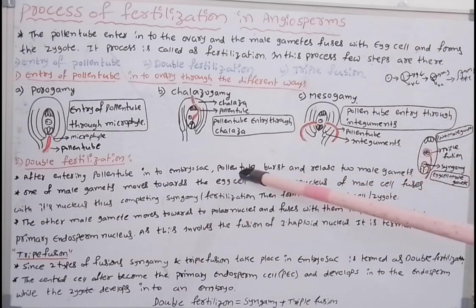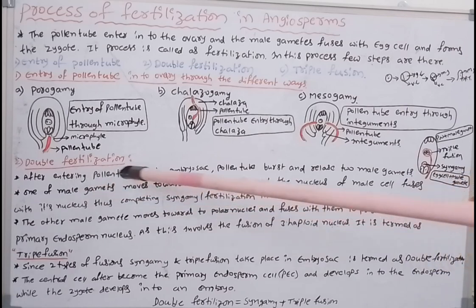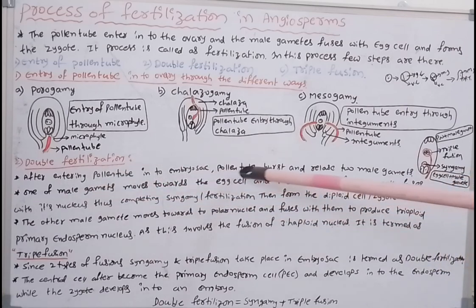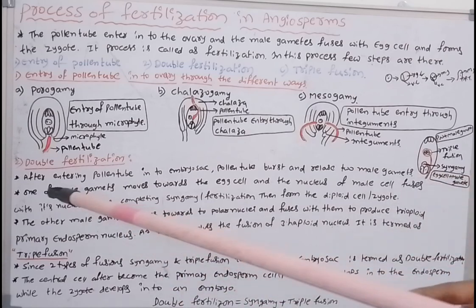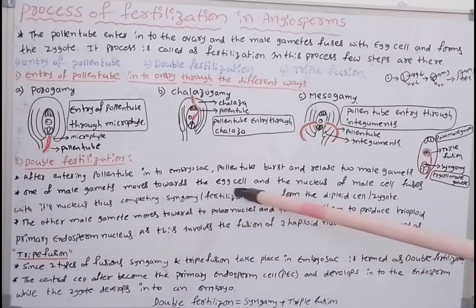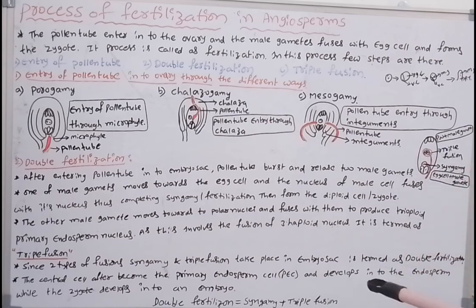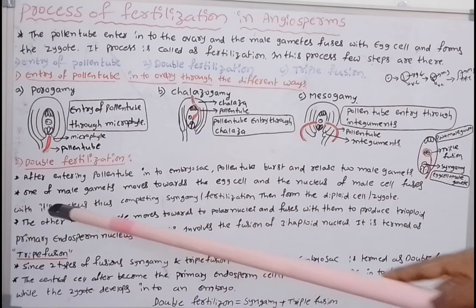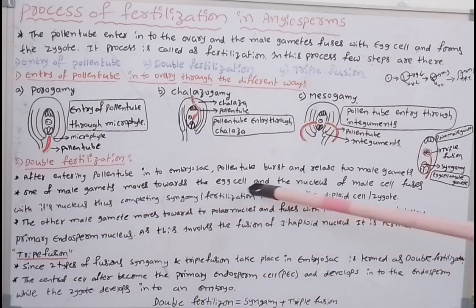After entering the embryo sac, the pollen tube bursts and the two male gametes are released in the embryo sac cytoplasm. Then one of the male gametes moves towards the egg cell.